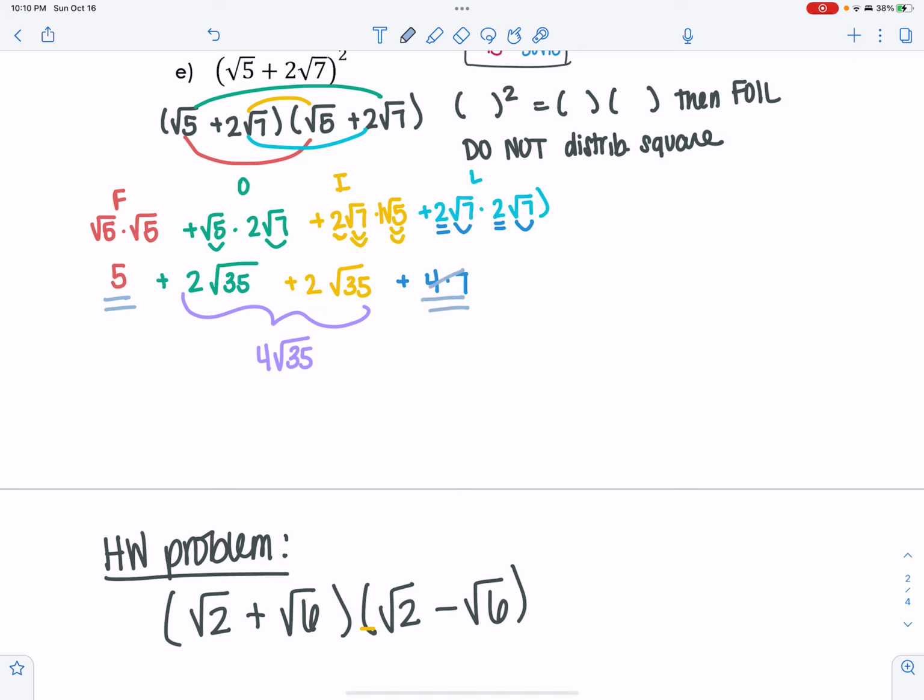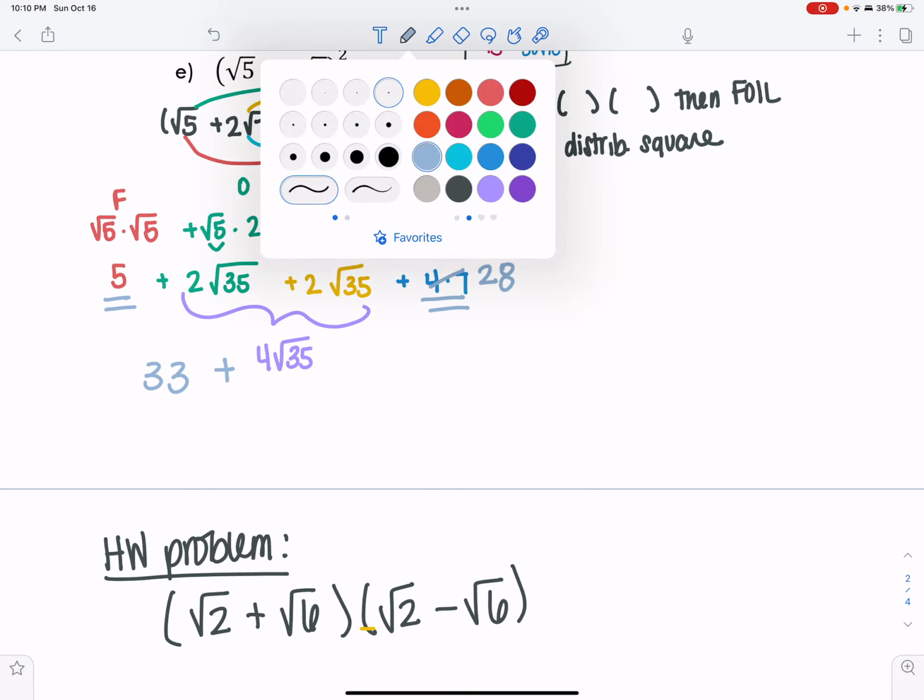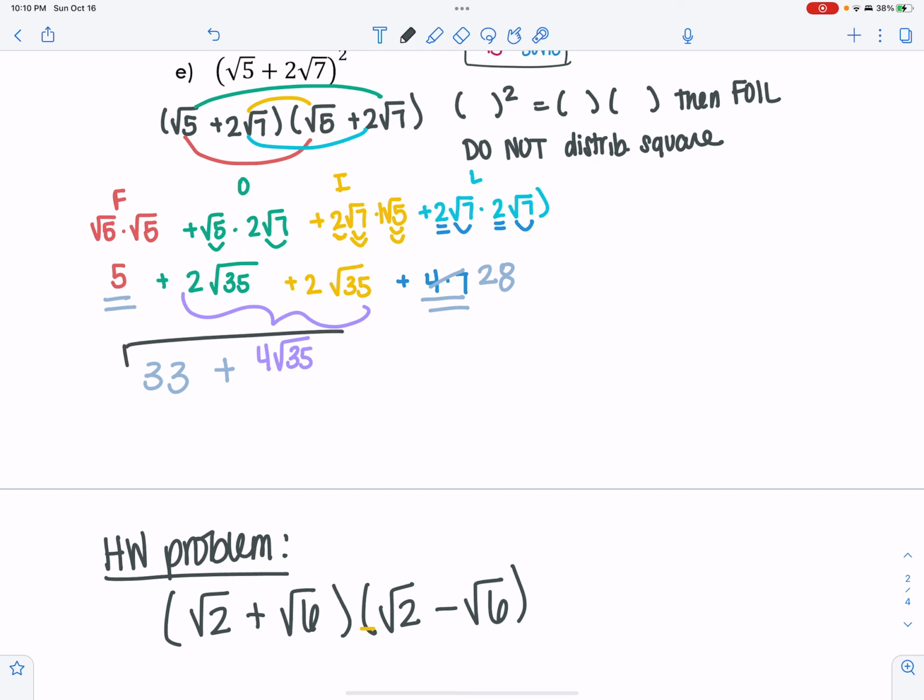Well, 4 times 7 is going to give me 28. And then 28 plus 5 is going to give me 33. You can write it wherever. I'm just going to write it up front, plus 4 square root 35. And that would be my final answer.